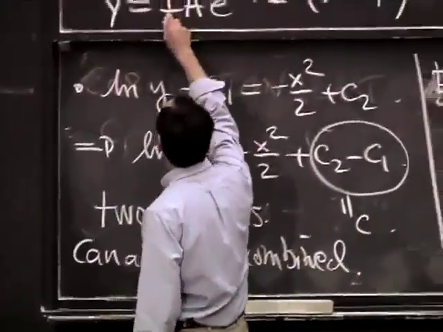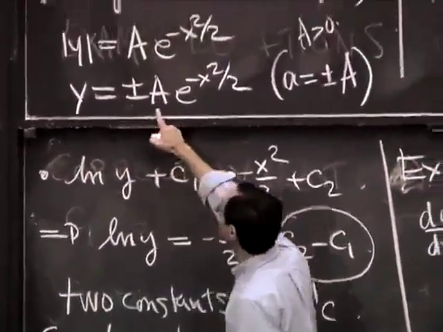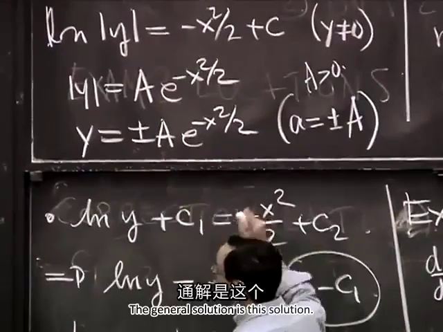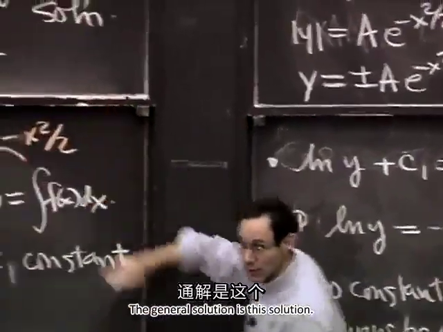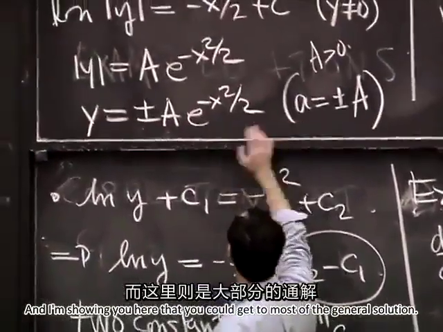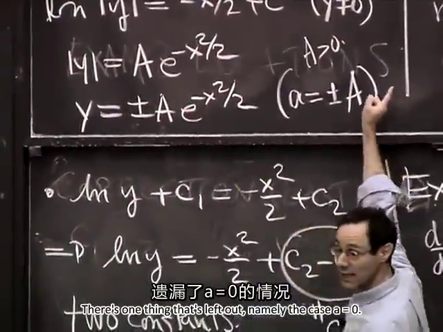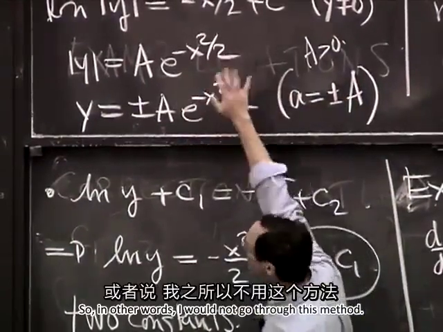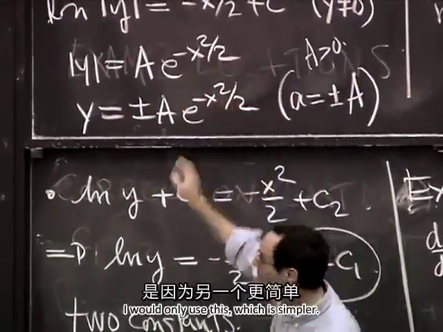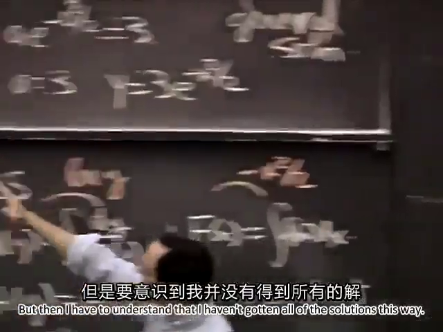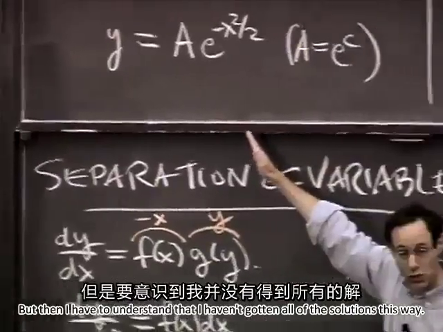Are we going to treat it differently from the general solution? The general solution is this solution. And I'm showing you here that you could get to most of the general solution. There's one thing that's left out, namely the case a equals 0. So in other words, I would not go through this method. I would only use this, which is simpler. But then I have to understand that I haven't gotten all the solutions this way.